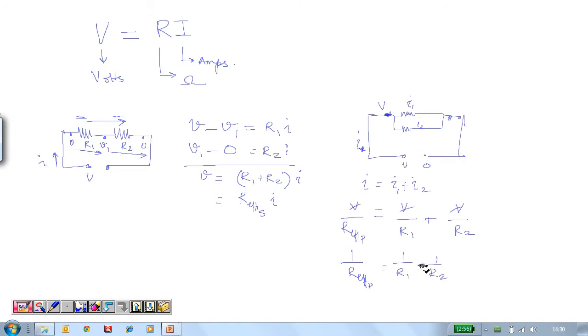You can extend this as an experiment: if you had 3 or 4 resistors, you just add 1 upon R3, 1 upon R4, and so on. These are the simple extensions to Ohm's law. Two things you must remember: in a serial circuit, the current remains the same across the resistors; in a parallel circuit, the voltage remains the same and the current differs.